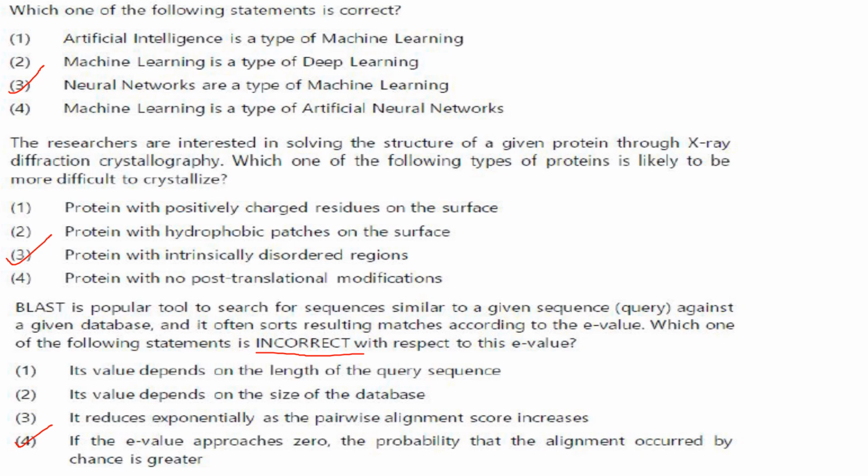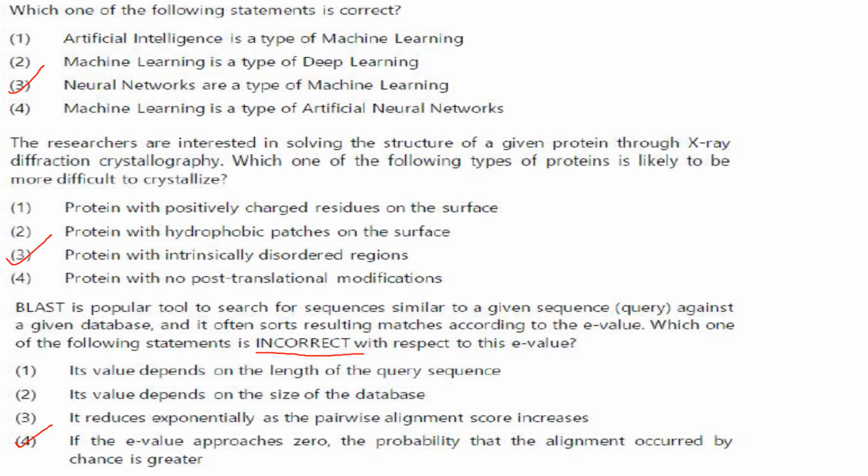Intrinsically disordered regions in proteins are not easy to crystallize because they are areas of the protein that lack a fixed three-dimensional structure, making it challenging to crystallize. So protein with intrinsically disordered region is your answer. Answer is option 3.